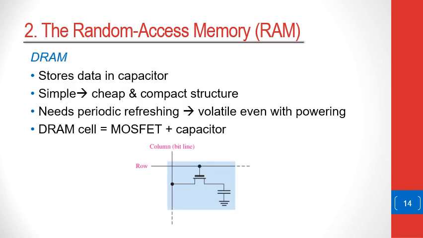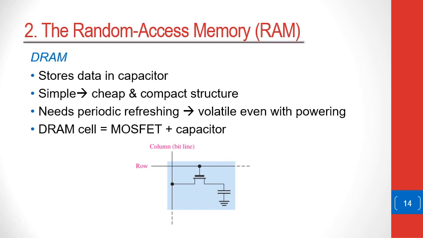The DRAM, as previously stated, stores data within a capacitor, and therefore this provides for a simple and compact structure as opposed to the SRAM, which is based on a large transistor as its memory cell.